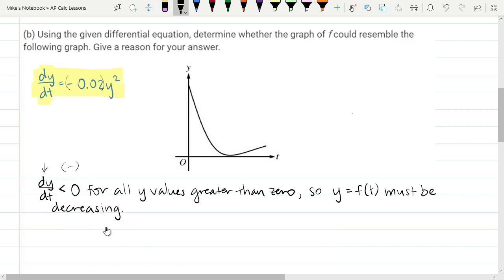So now, keeping that in mind, let's look at that graph. Could this then be the graph of f of t? And hopefully you're thinking no, because right here, part of this function is now increasing.